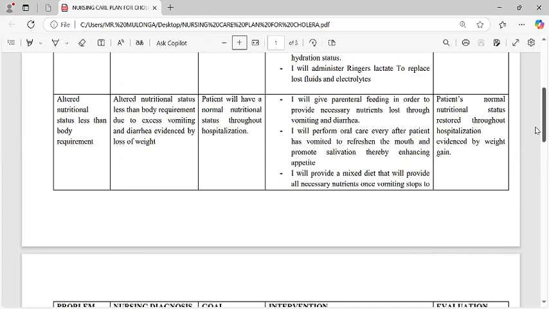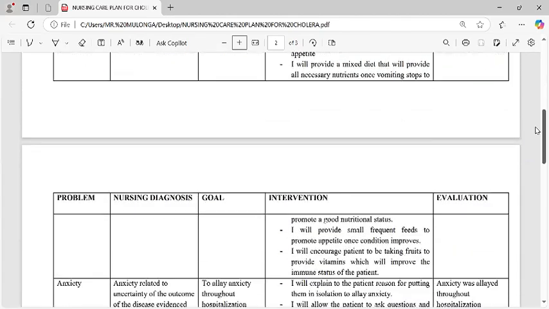From there, we move to evaluation. So evaluation will say patient's normal nutritional status restored throughout hospitalization, evidenced by weight gain. So when the nutritional status of the patient has improved, the weight of the patient will also improve or increase.